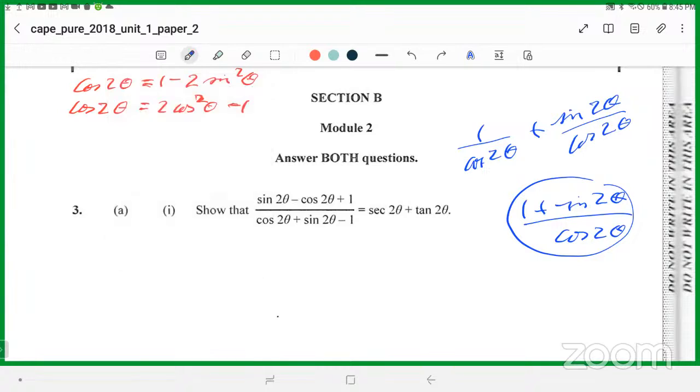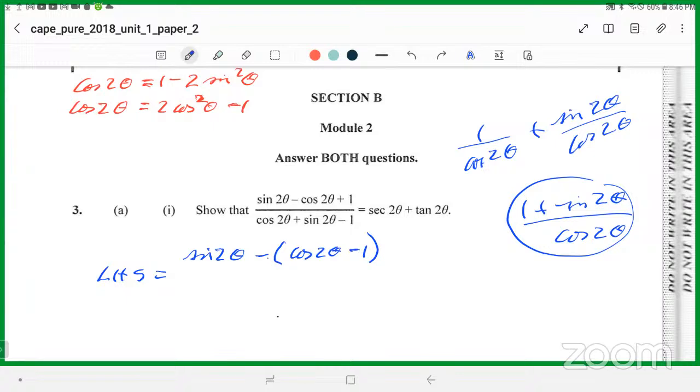So the left-hand side, I can write the numerator as sine 2 theta. I'm going to eventually expand this, I'm just trying to eliminate the 1s first. I'm going to factorize a minus out of these 2 terms right here. I'll put minus bracket cos 2 theta minus 1. I factorize a minus 1 out of these two terms, that's what I'm going to get.